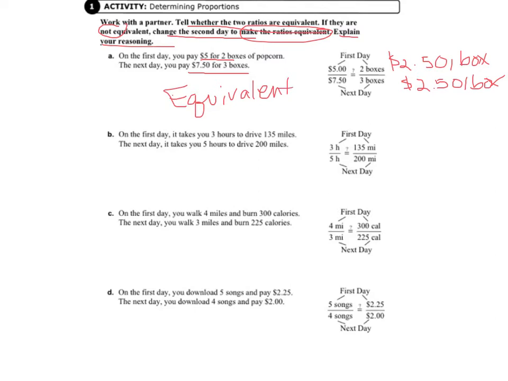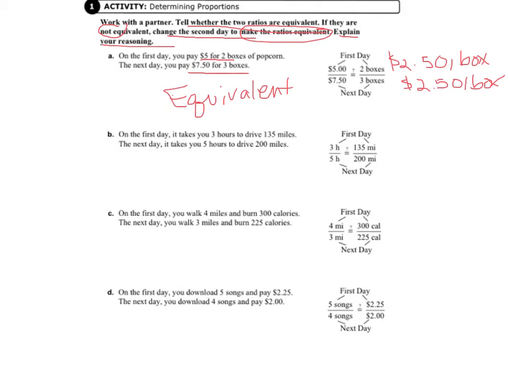Letter B: on the first day, it takes you 3 hours to drive 135 miles. The next day, it takes you 5 hours to drive 200 miles. So another way to decide if these two ratios or two fractions are equivalent is to use cross products. So we would multiply across our ratios.